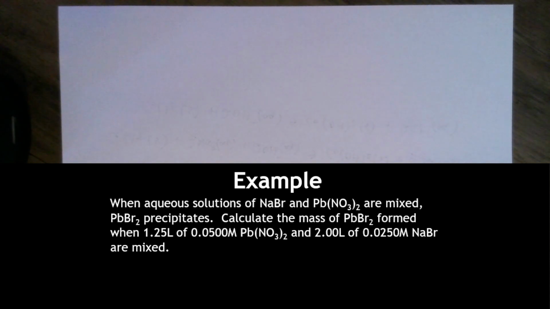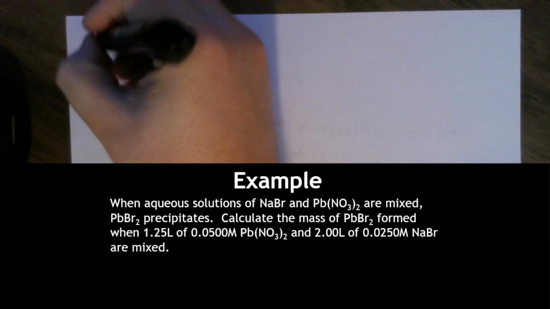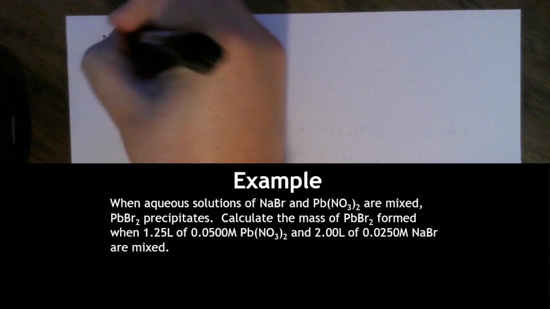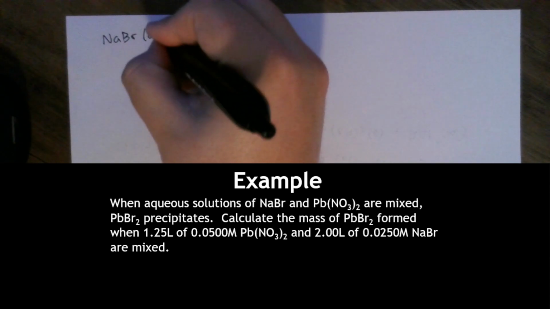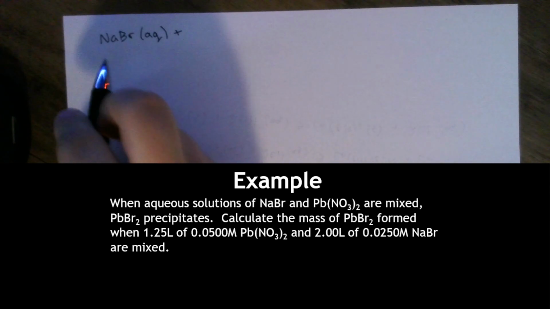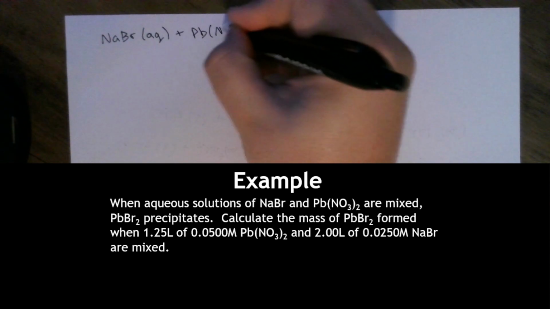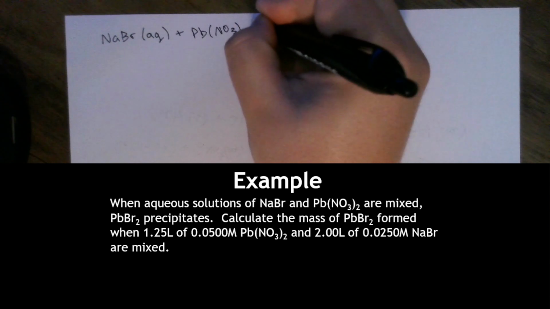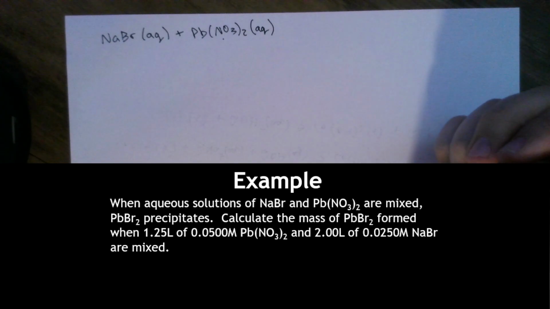I'm just going to write down the reaction that's happening. So I have my NaBr. I'm going to write its state of matter. It is aqueous, because that's sodium. Plus Pb(NO3)2. State of matter, also aqueous because it has the nitrate ion.